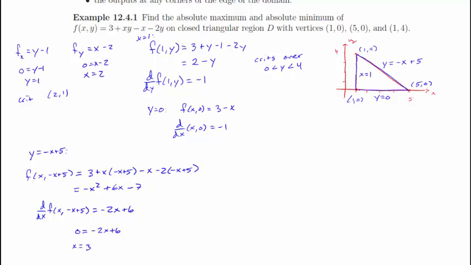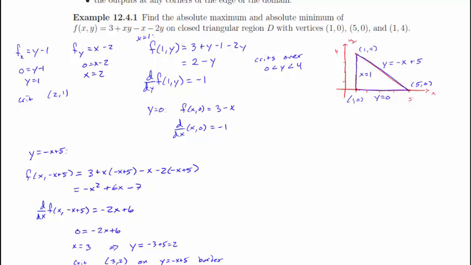So if x equals 3 on this line, then y equals negative 3 plus 5 equals 2. So the point 3 comma 2 is a critical on the y equals negative x plus 5 border.